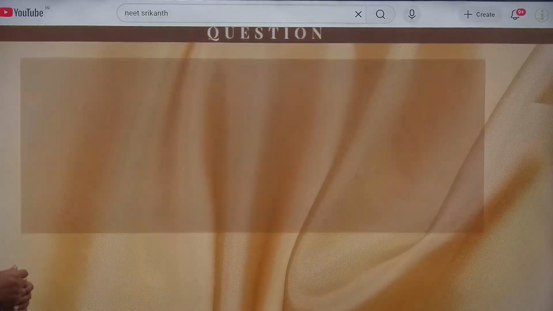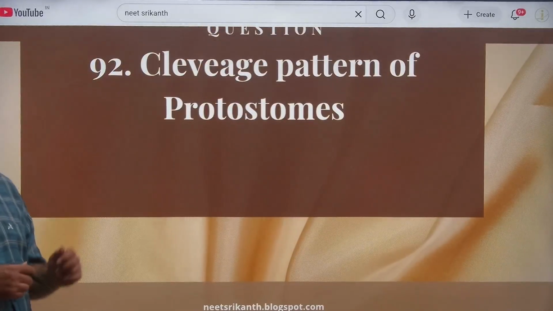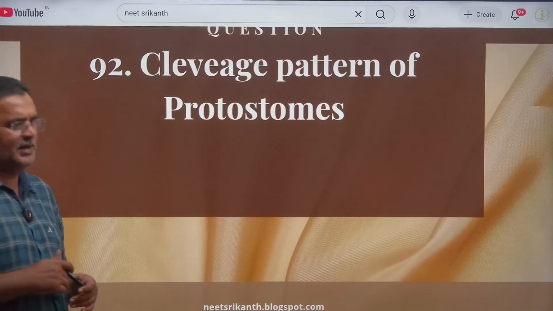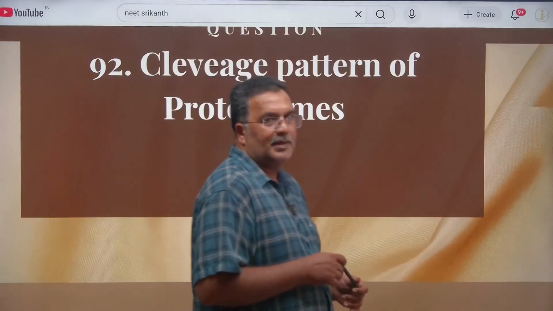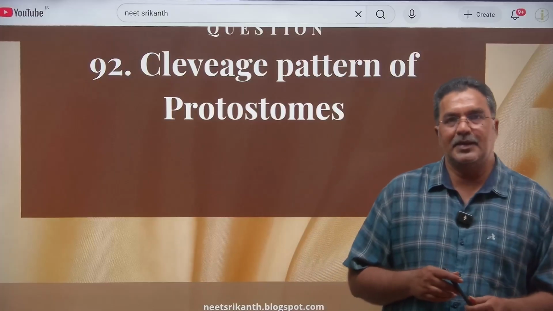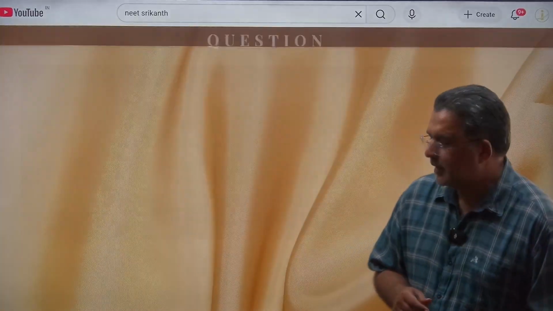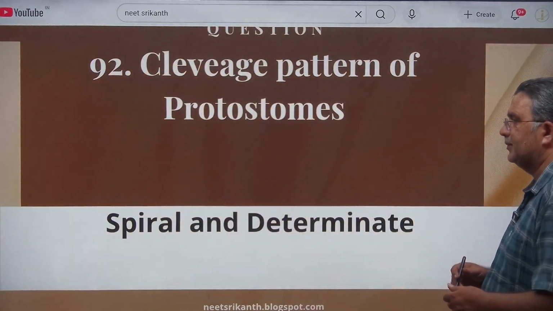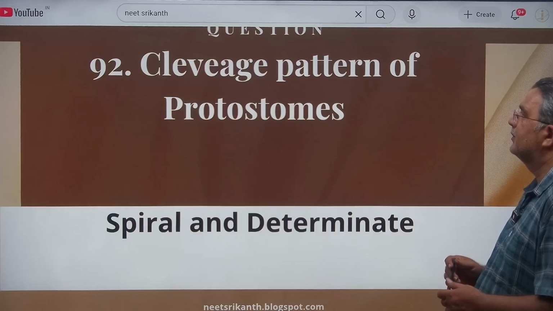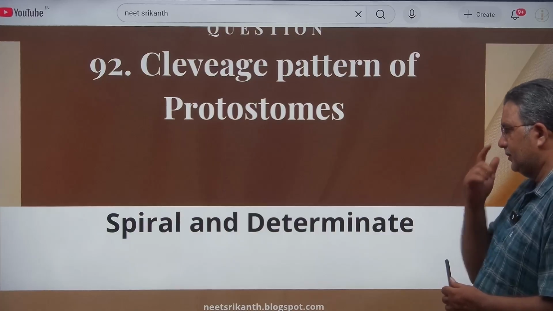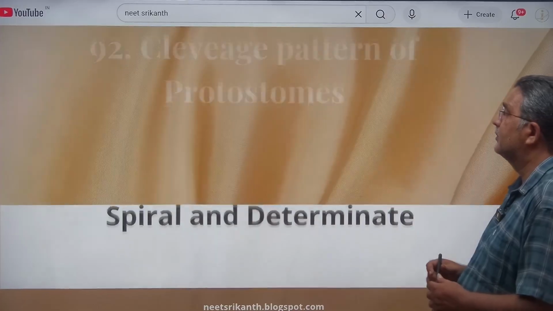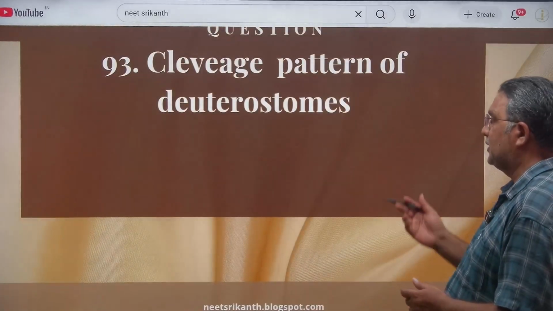Next question. Cleavage pattern of protostome. Straight question. Cleavage pattern of protostome is spiral and determinate. One more straight question.